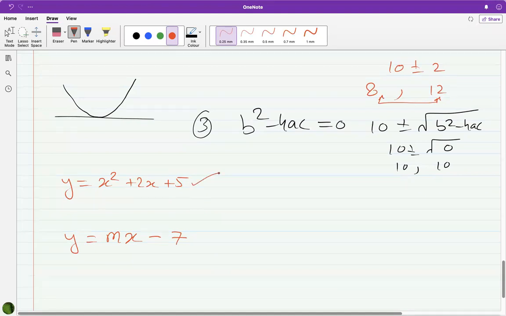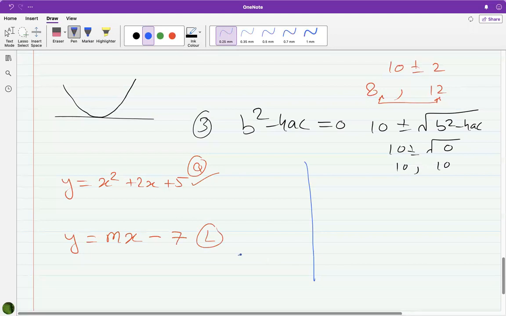The second one is linear. So one will form a curve, the other will be a straight line. But the value of m is unknown, so we cannot really say that they will intersect or not unless we are provided with more information.